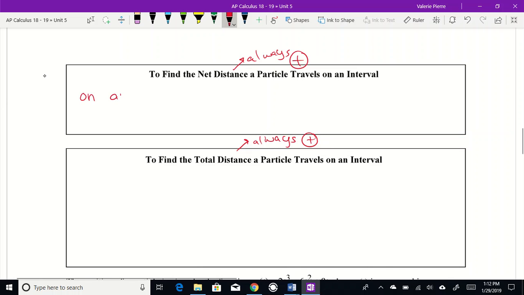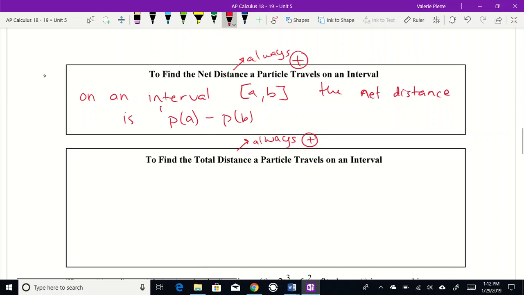On an interval A to B, the net distance is the position at A minus the position at B. And since distance is always positive, we need to take the absolute value of that.